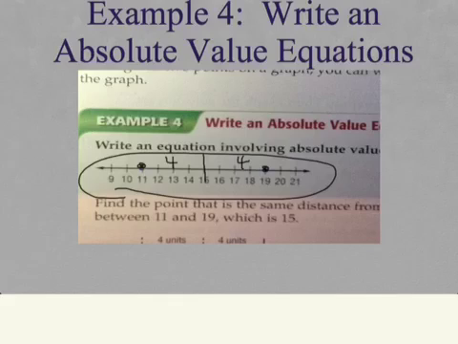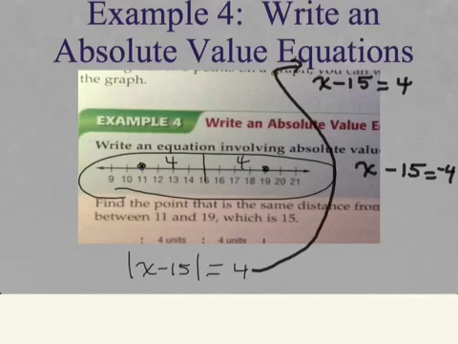So similar to the problem that we looked at when we made the last problem into an absolute value equation, we can see that the difference of x and 15, x minus 15, has to be equal to 4. And if we solve this equation, we'll see that we'll get the two answers of 11 and 19.